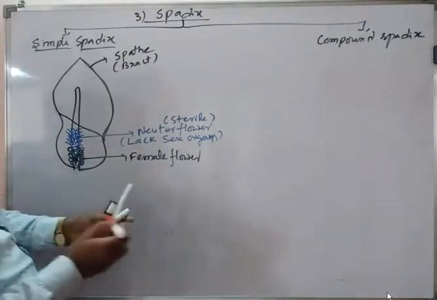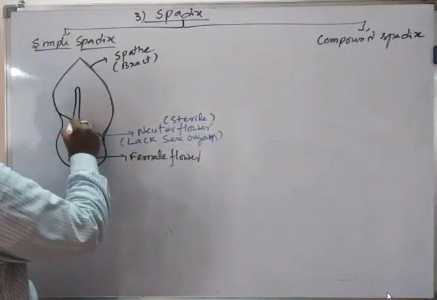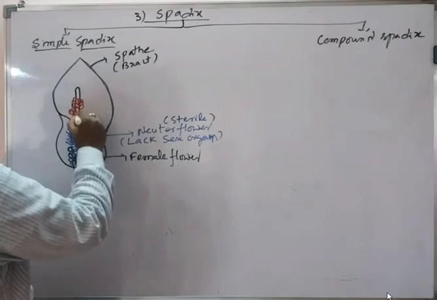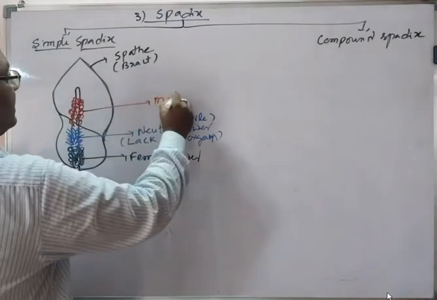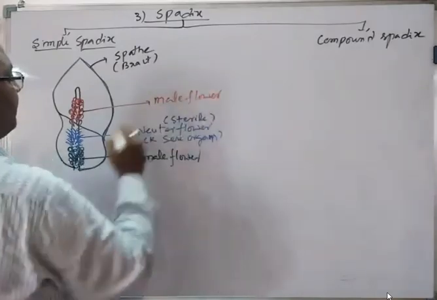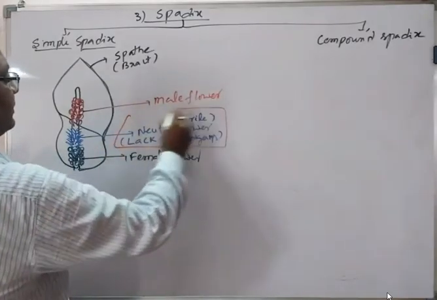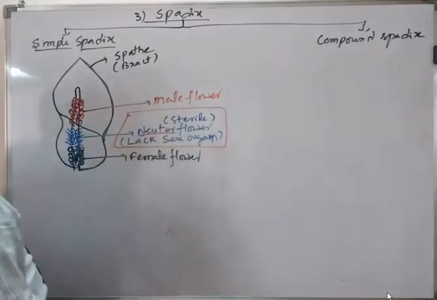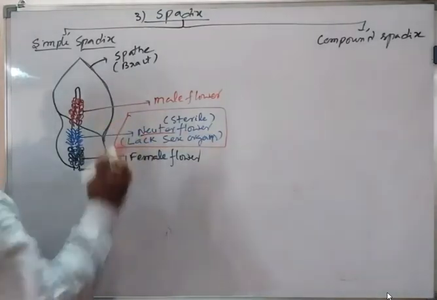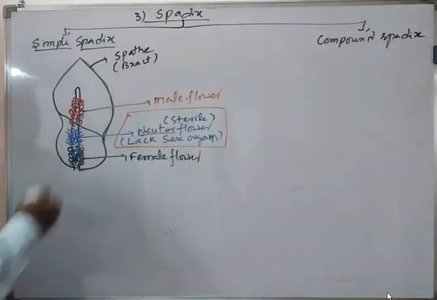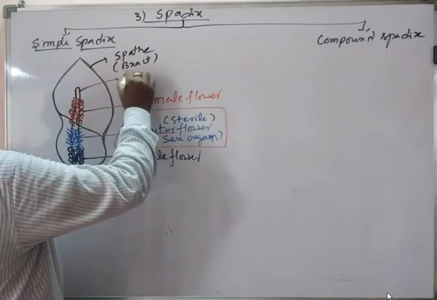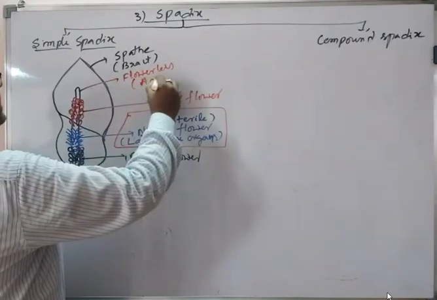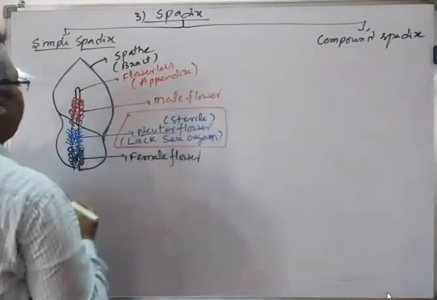And towards the upper part of the peduncle, there are male flowers. So here we have three types of flowers: female flowers, neuter flowers, not neutral, neuter, and male flowers. The apex of the peduncle is flowerless, and this part is called appendix.